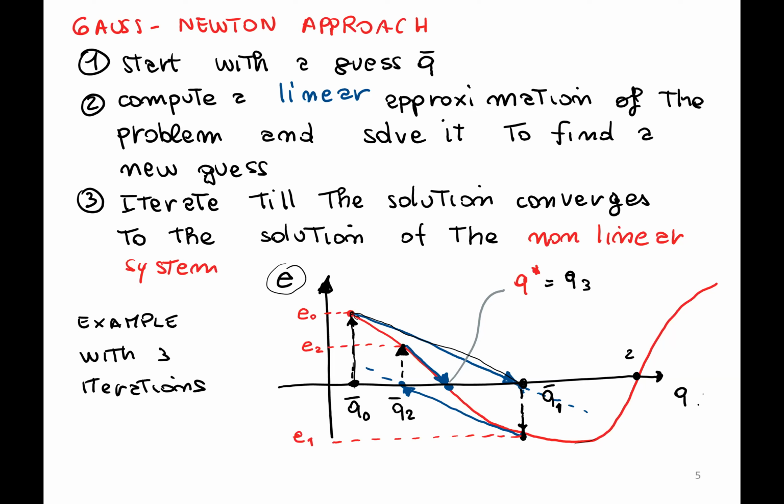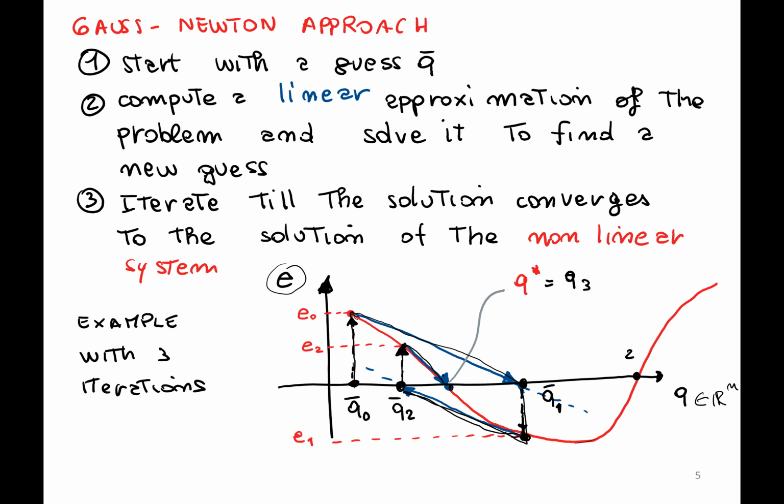So think about these are all vectors of dimension n. Then this new configuration, intermediate, we evaluate again the linear approximation to this function. We find a zero, and then we update this joint configuration, and we evaluate another linear approximation till the nonlinear function crosses the zero.